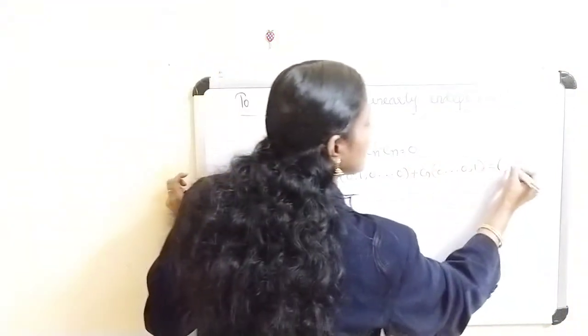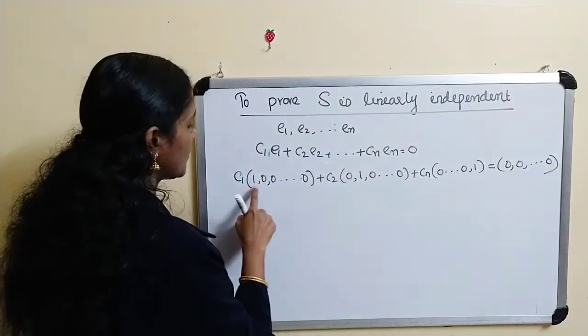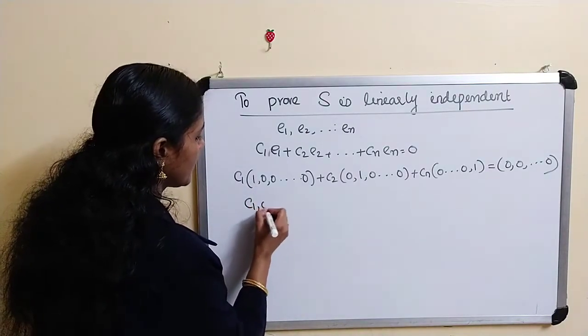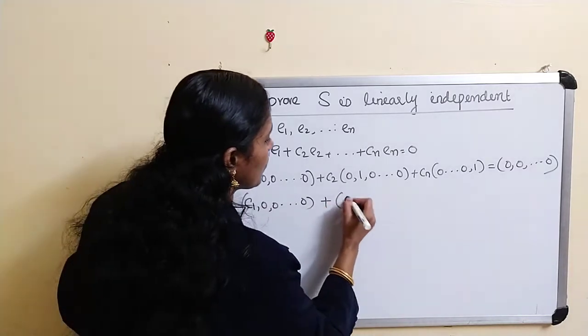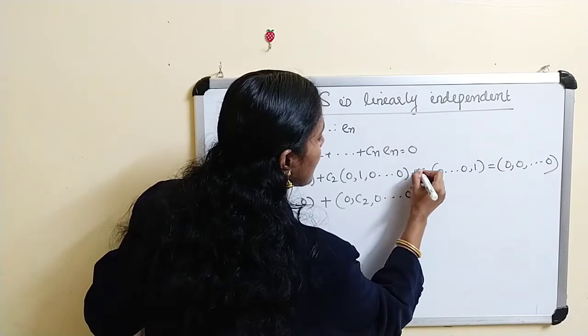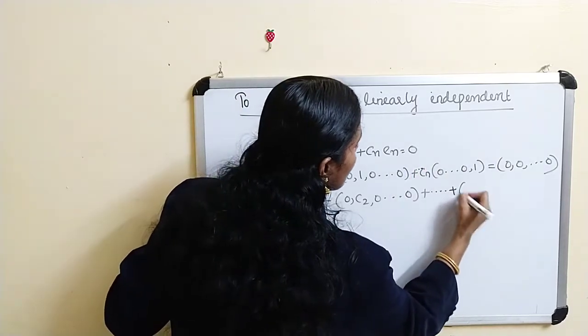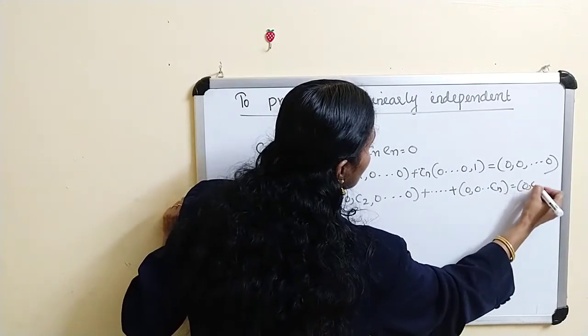That means this is also (0, 0, etc., 0). Now what about this one? (c1, 0, 0, etc., 0) plus (0, c2, 0, etc., 0) plus etc., plus (0, 0, etc., cn) equals (0, 0, etc., 0).